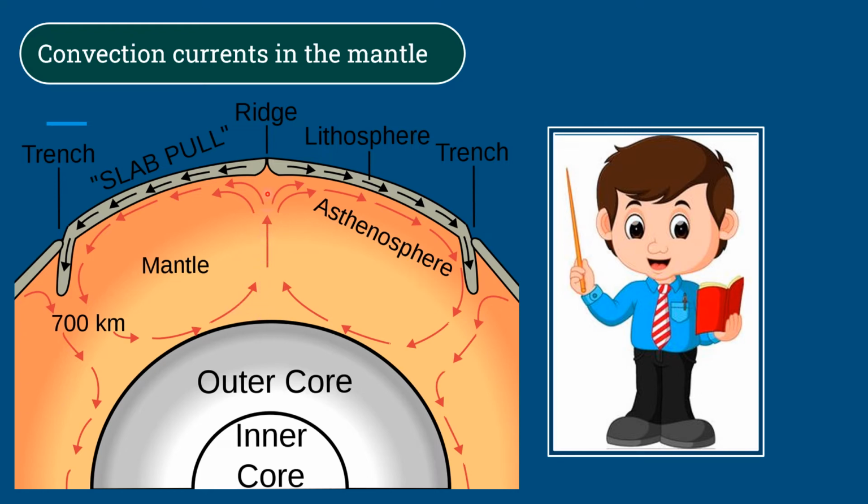The ridge which was already described by Harry Hess, he added that it is coming from the mantle. It is like a conveyor belt, as we know. A conveyor belt helps to take things above, so it is like the conveyor belt that helps to drift things. It has very strong strength which helps to drift. This way a mechanism was found, which is a force acting from the earth.